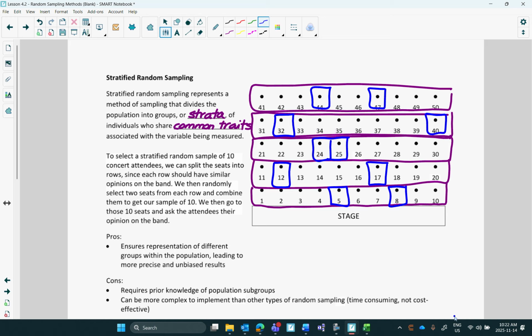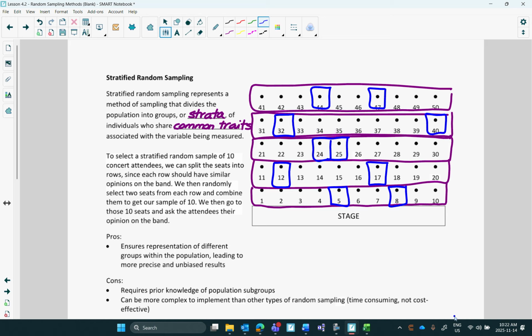An advantage of this method, why this is such a good method, okay, is it ensures if we can group the population into certain strata, certain common characteristics or common traits, okay, that will lead to less bias because we're going to be getting to a more representative sample.